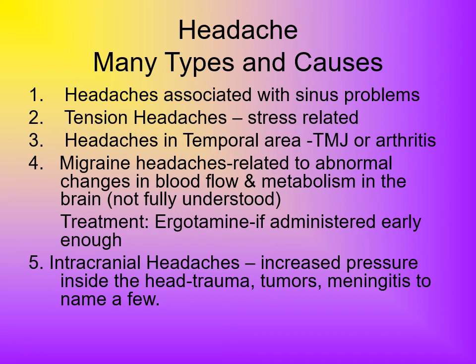Treatment is difficult, but Imitrex or ergotamine may be effective if administered immediately after the onset of the headache. The earlier, the better. Intracranial headaches are caused by increased pressure inside the head. Causes of increased pressure include trauma with edema or hemorrhage, tumors, infections such as meningitis, or inflammation resulting from toxins such as alcohol.